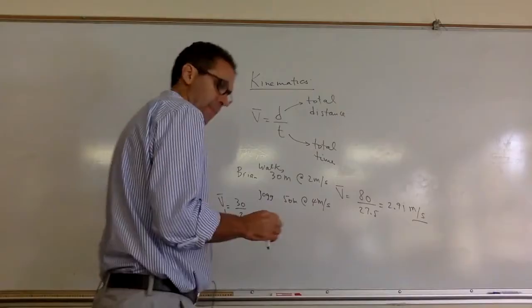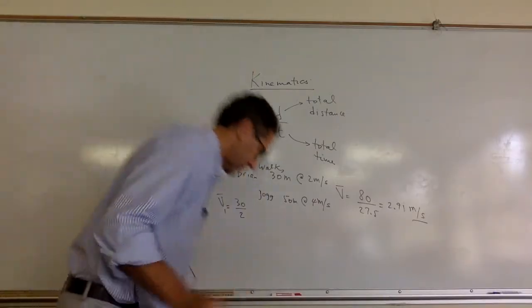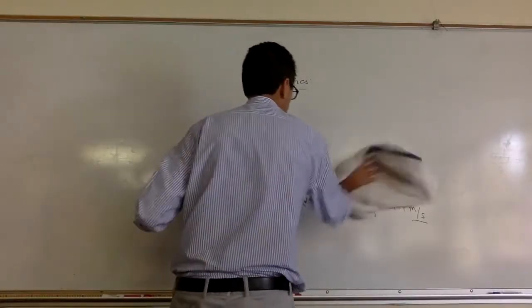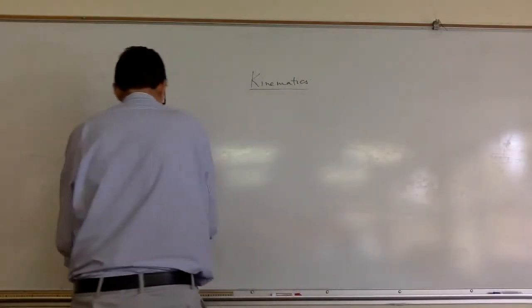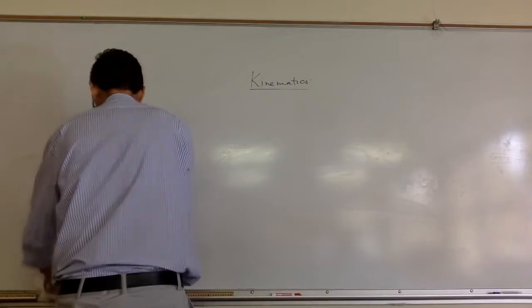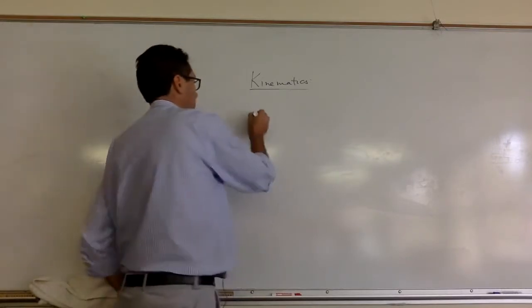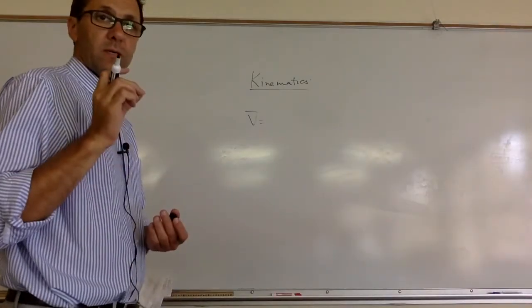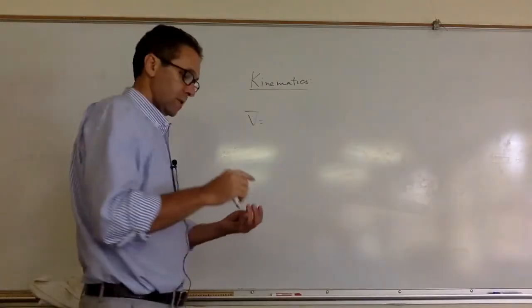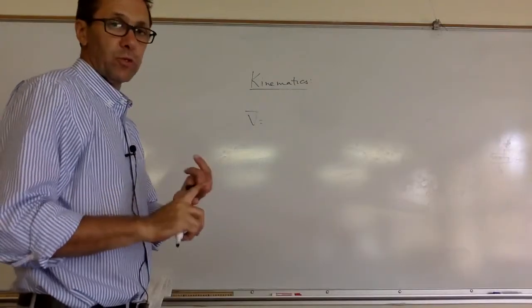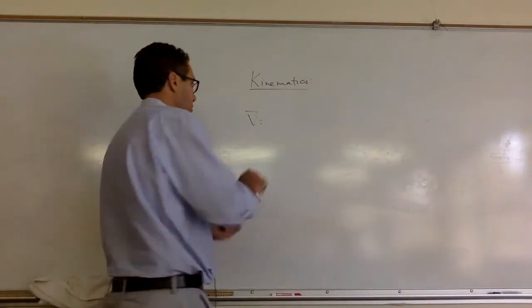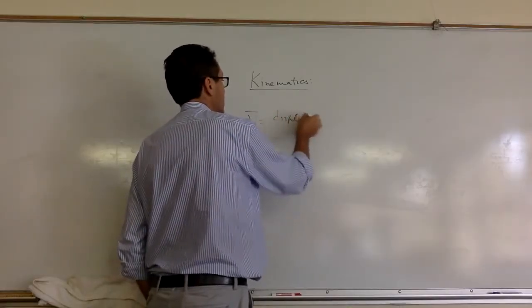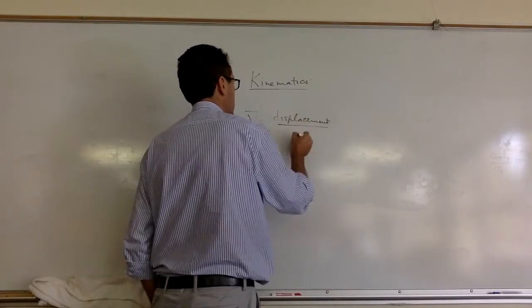Okay. Now I'm going to talk a little bit about velocity. Velocity with an arrow on it indicates that it's a vector quantity, which means it's magnitude with units, of course, and direction. So this is going to be displacement over time.